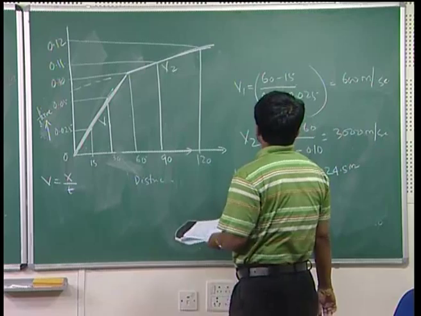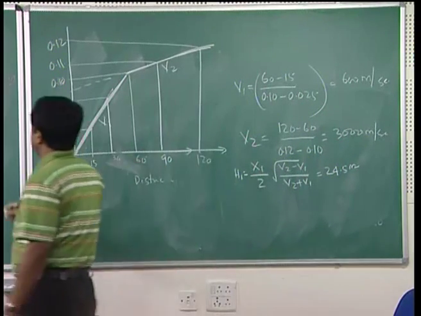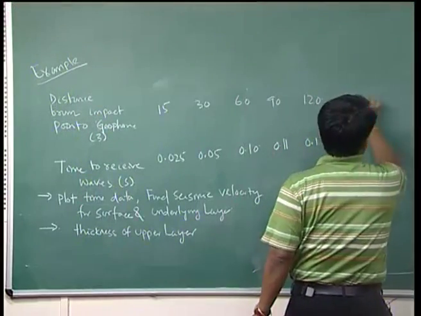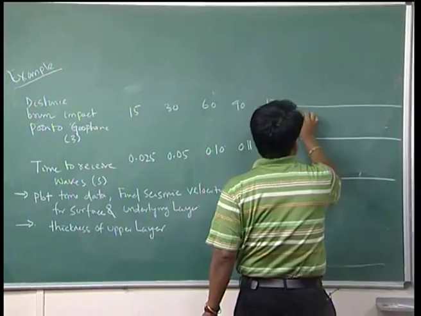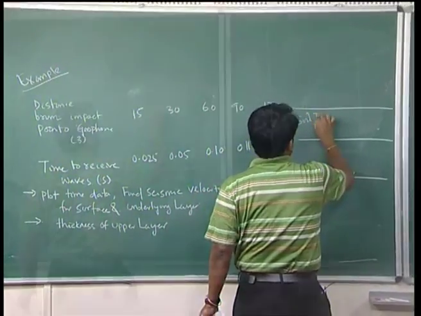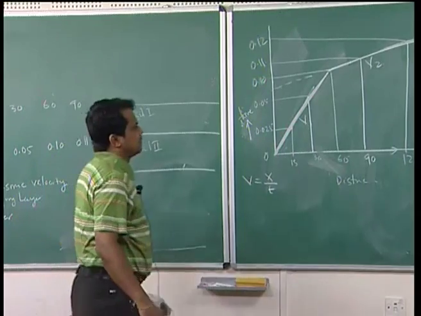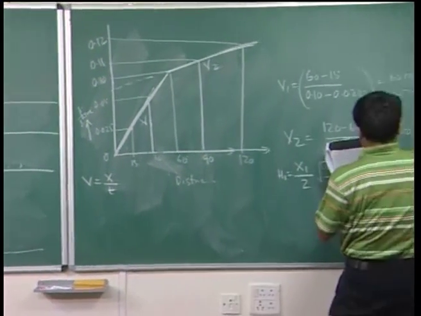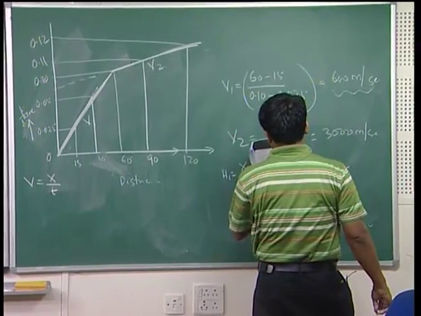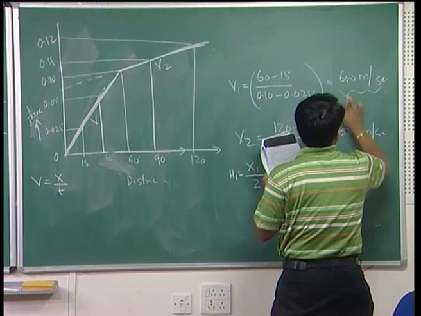Then with this V1 and V2, can we predict what kind of soil it is, say soil 1, soil 2. As I said earlier from the chart, as V1 is 600 meter per second, it may be hard clay, or you can say clay.